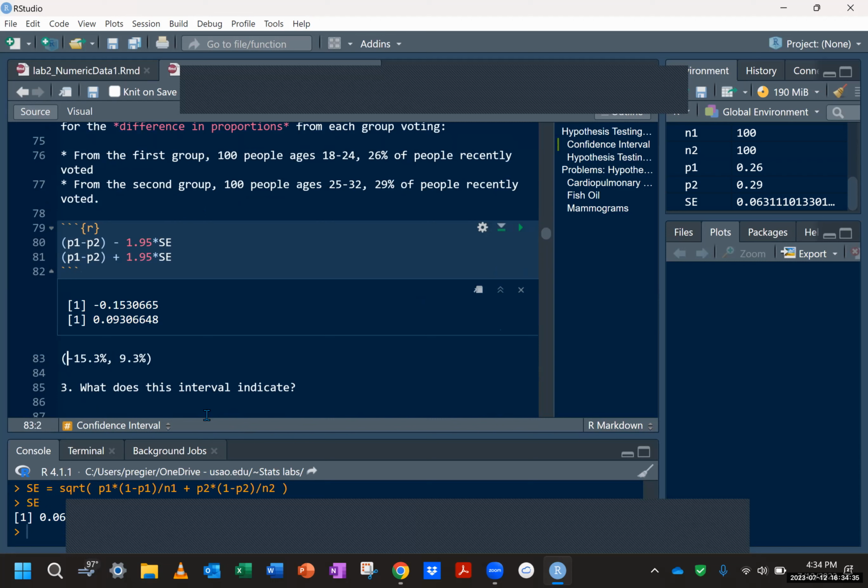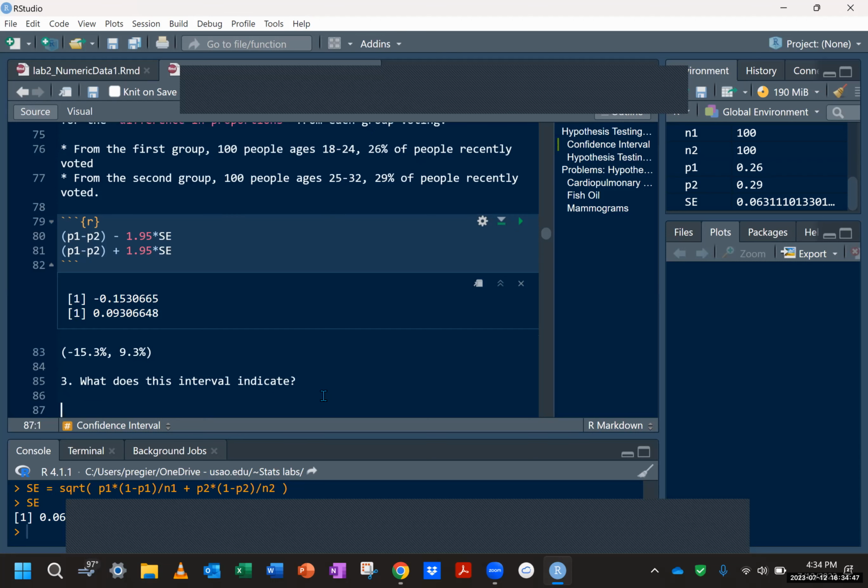Okay, so what does this mean? We got our confidence interval. What this means is that we're 95% confident that the difference between the two proportions is between negative 15 and 9. So this indicates that since 0 is in there, 0% would be no difference. And we're looking at P1 minus P2 equals 0.